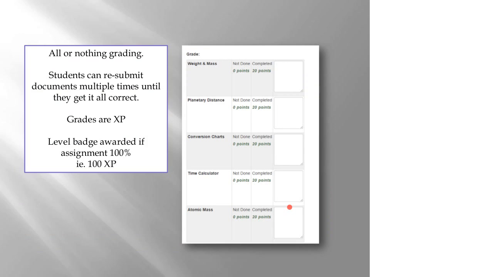Once it's totally correct and formatted correctly, then you would get the 20 experience points. So it would add up to 100. You need to actually succeed totally. You don't get part points. You don't get 75% on any particular spreadsheet. You actually need to get it perfect, and I think that's a very important life skill.